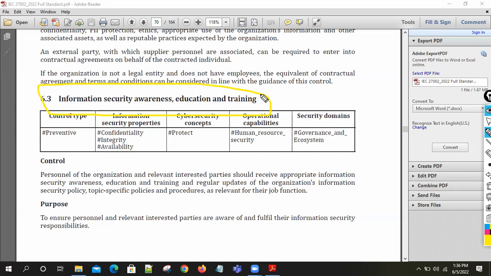So there are certain do's and don'ts related to information security that need to be conveyed to the employee.